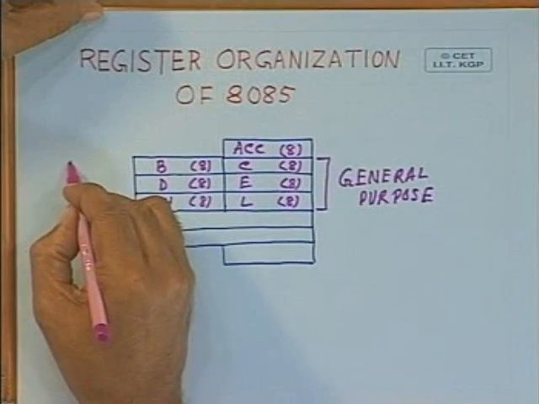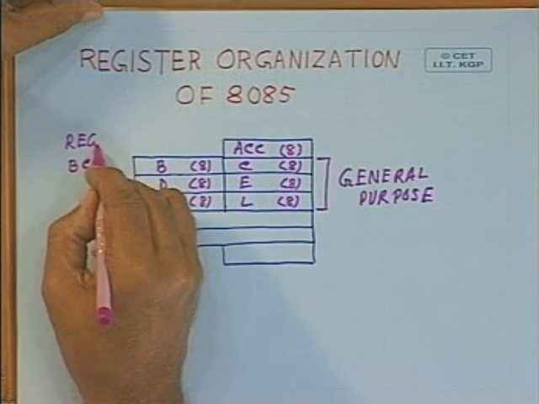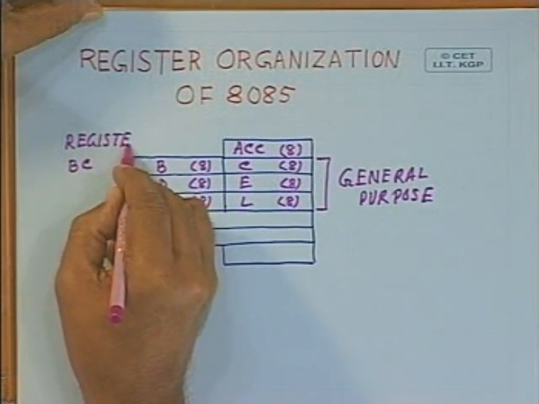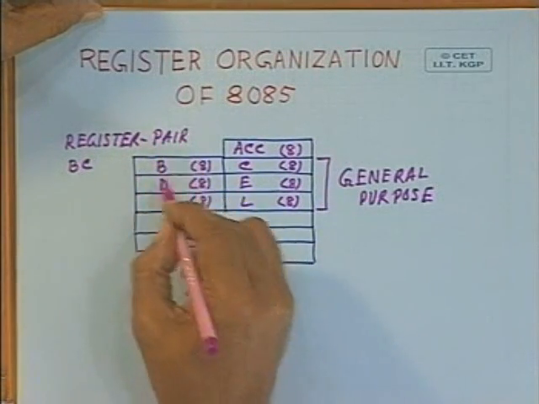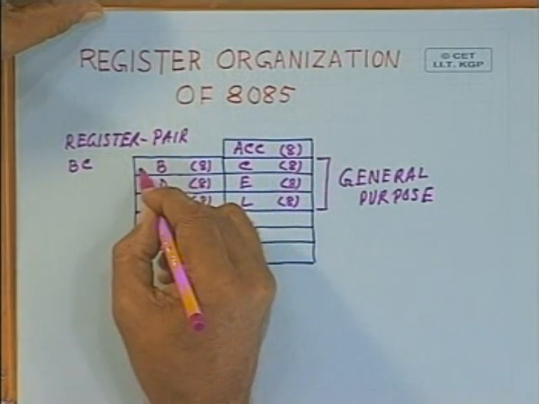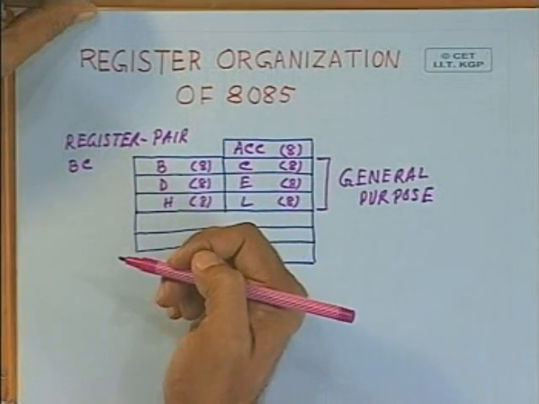Then these registers are accessed as a register pair. So B and C together give you the BC register pair, which can hold 16-bit data.